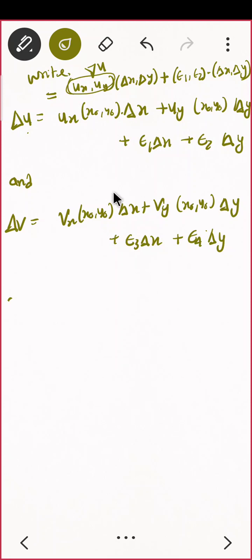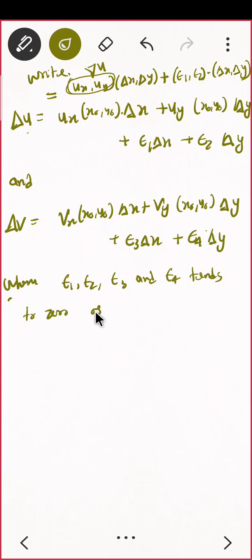Now what about epsilon 1 and epsilon 2? Let us write where epsilon 1, epsilon 2, epsilon 3 and epsilon 4 tend to 0 as delta x comma delta y tends to 0 0.